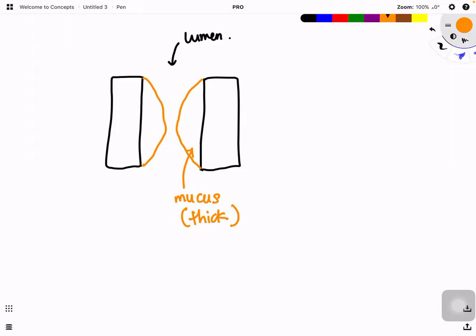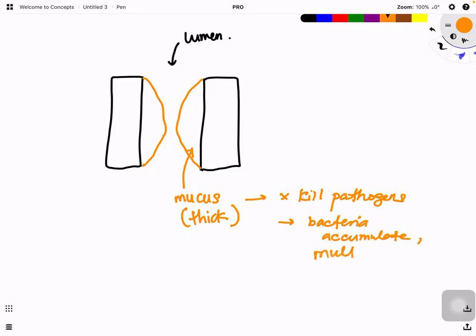Then this mucus is going to trap the pathogen, the bacteria, because mucus cannot kill pathogens or bacteria. Therefore, bacteria or pathogens accumulate and multiply, which increases the risk of infection.